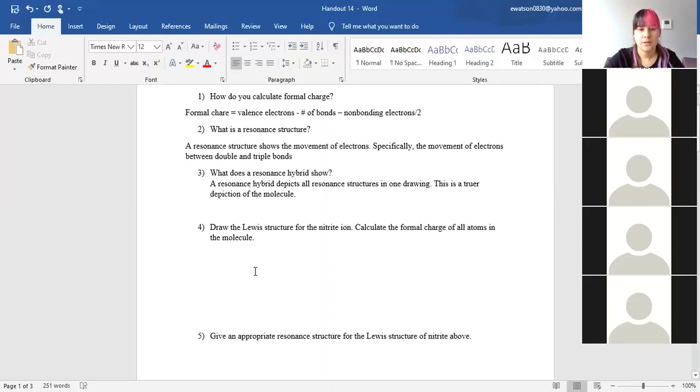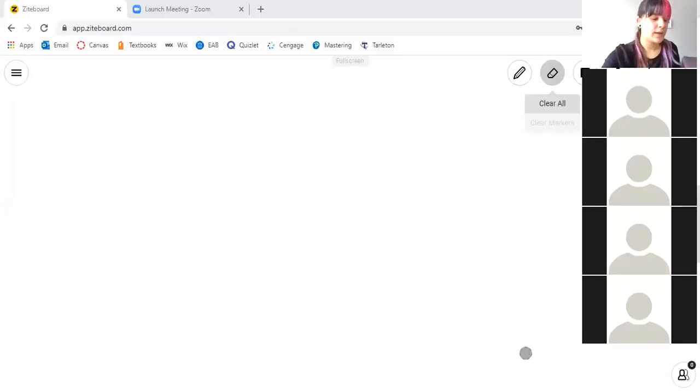Okay. Draw the Lewis structure for the nitrite ion. Calculate the formal charge of all atoms in the molecule. So I'm going to go back to my whiteboard. Okay, so what is the formula for nitrite?